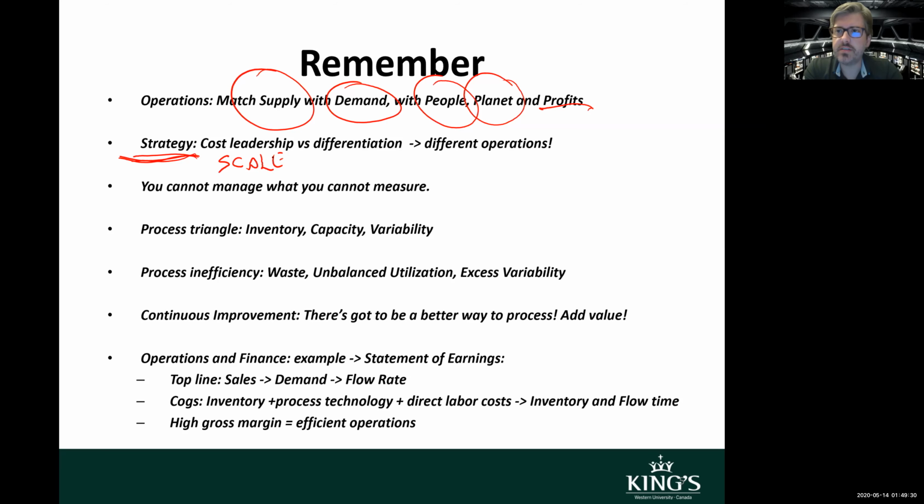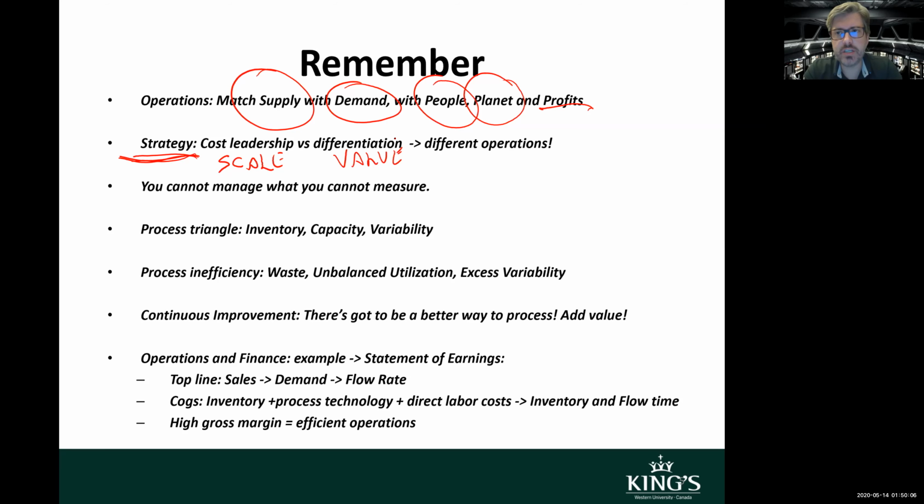While differentiation tends to be a lower scale, but most importantly, the idea of creating value for your customer, right? So an operation based on cost leadership will tend to run on large batches, be based on economies of scale, and tends to be highly automated, with low skilled labor, a push make-to-stock kind of technology.